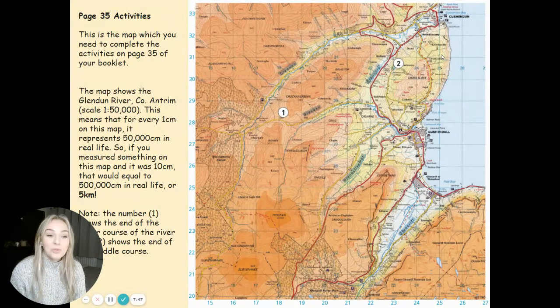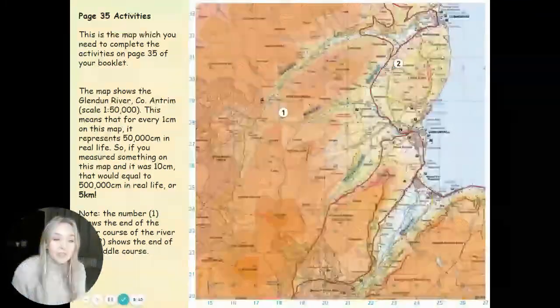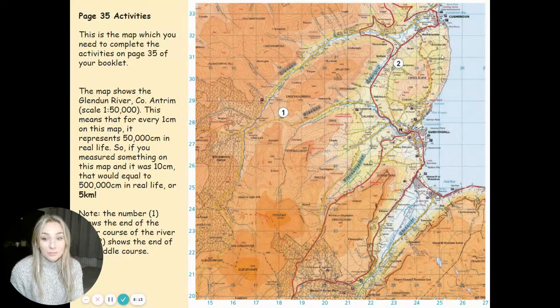So, crash course. This map shows the Glendun River in County Antrim. The scale is 1 to 50,000. This means that for every 1 centimetre on this map, it represents 50,000 centimetres in real life. So if you measured something on the map and it was 10 centimetres, that would equal 500,000 centimetres in real life, aka 5 kilometres.